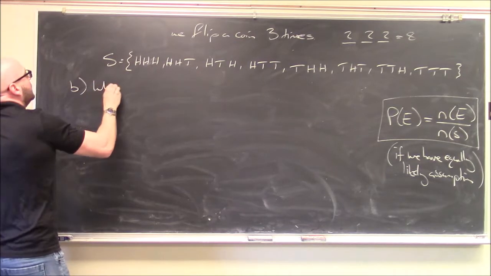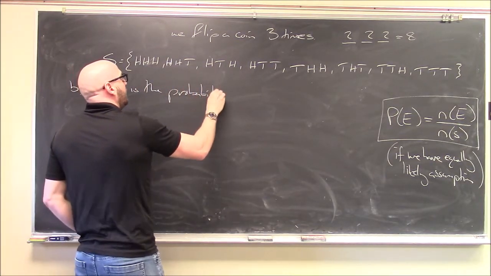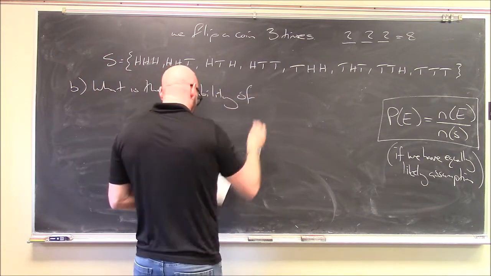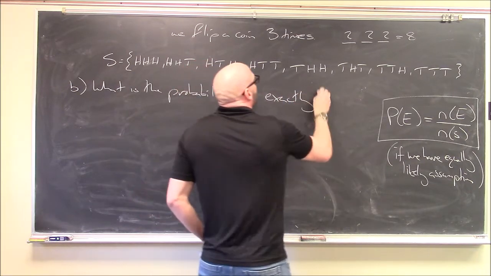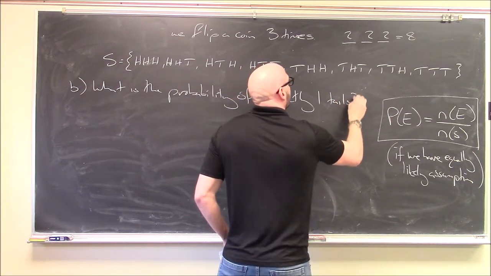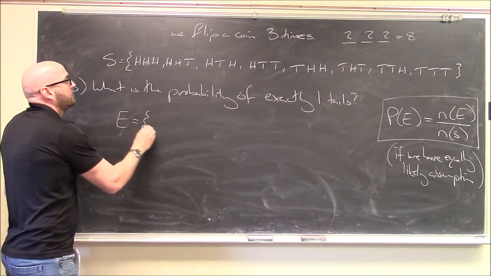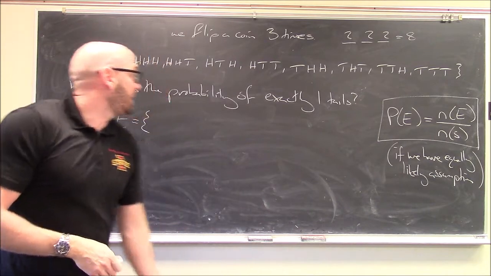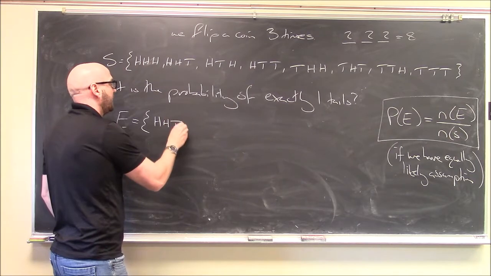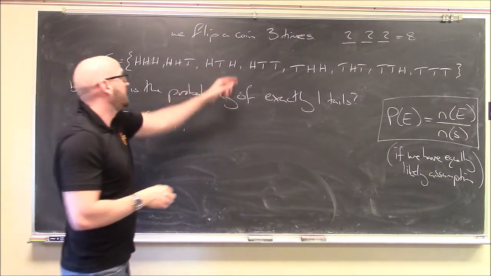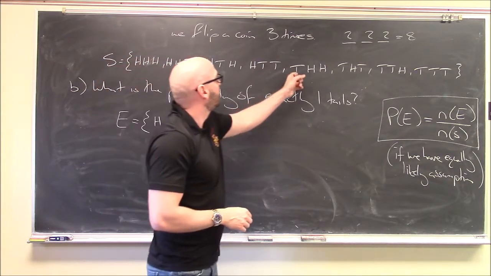So B, what is the probability of flipping exactly 1 tails? Alright, well let's figure out the event that corresponds to this. How many ways can I get exactly 1 tails? I could flip HHT, HTH, or THH.